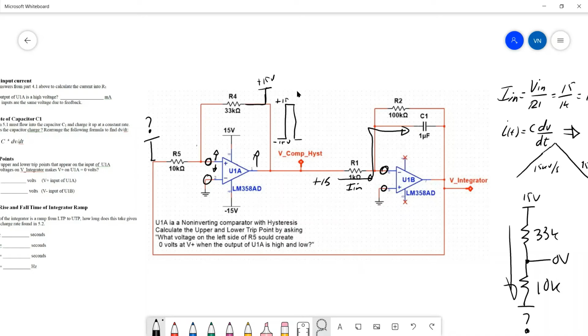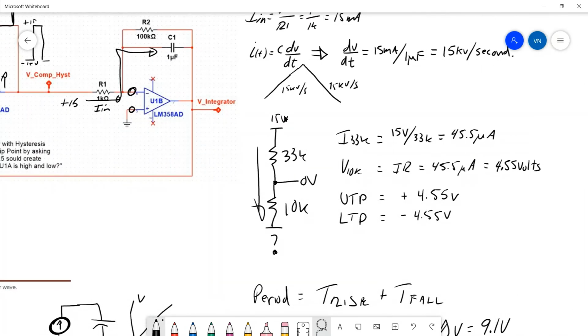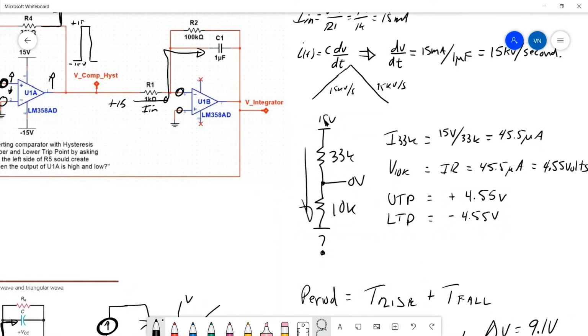This is what I'm trying to figure out: what voltage here will cause this to be 0 when this end up here is 15. So I'm going to redraw that circuit, which I've got over here. One end of the 33K is tied to 15 volts. We want the center point to be 0, and then I've got a 10K. So what voltage down here will get me 0 volts in the middle?